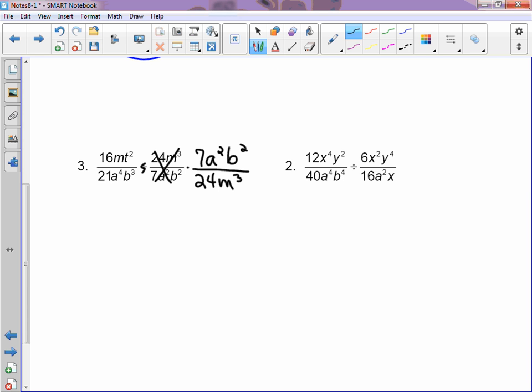So just invert, multiply. Here's the first fraction, multiply by the second one, and you have to invert it. And then we'll do what we were just doing. Regroup here.